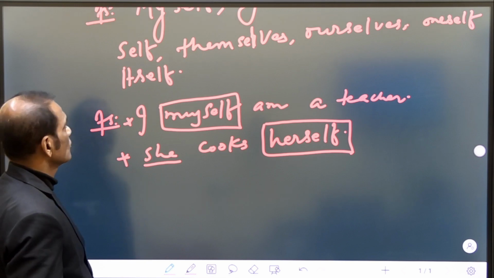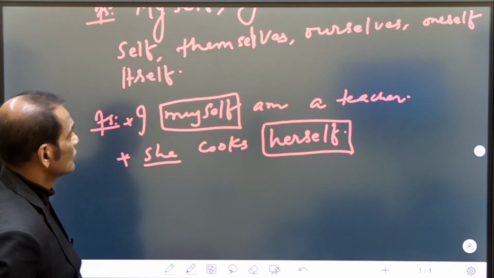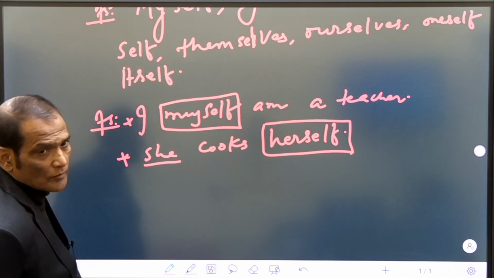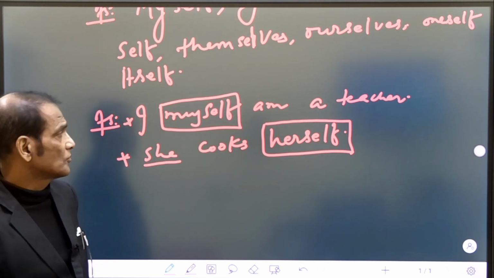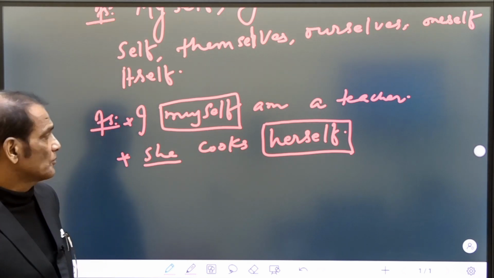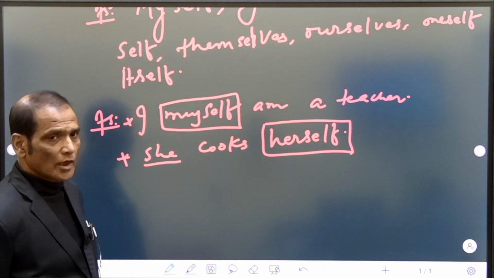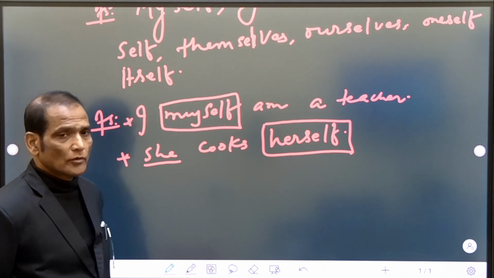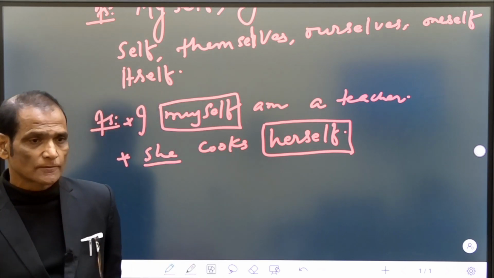So this is how these reflexive pronouns are used. You are well known about it. Actually, I am not teaching you these pronouns for the first time. You have to be simply aware while you are using these pronouns. So again, nominative forms of pronouns are used as subject.